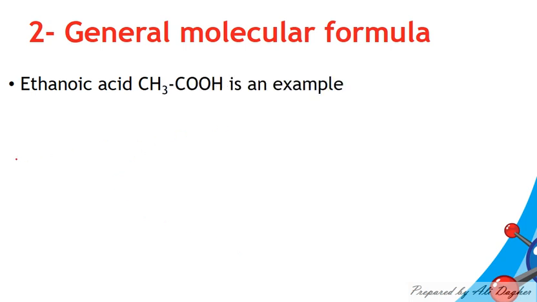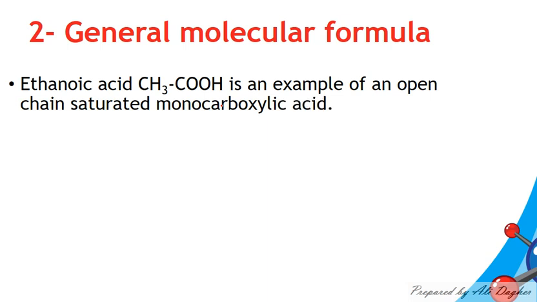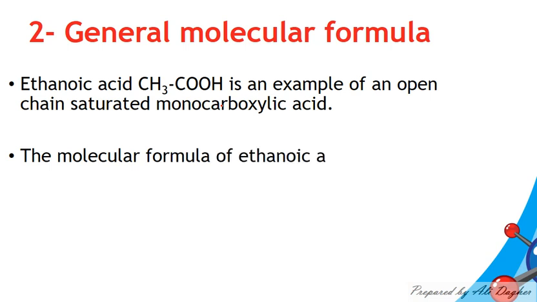We take an example. Ethanoic acid, CH3COOH, is an example of an open chain saturated monocarboxylic acid. Its molecular formula: we have 2 carbon atoms, C2, and 3 plus 1, 4 hydrogen atoms, H4, and 2 oxygen atoms, O2, C2H4O2.